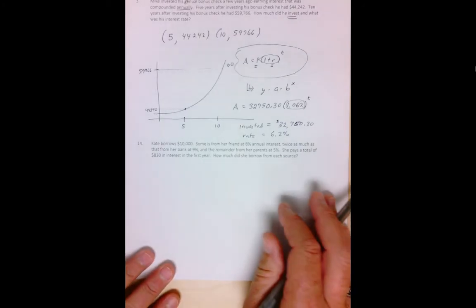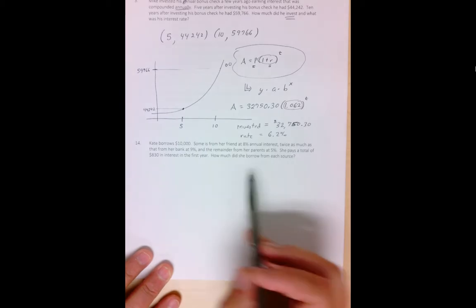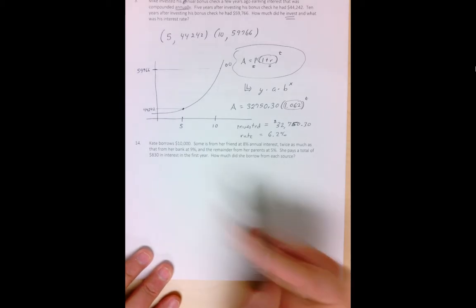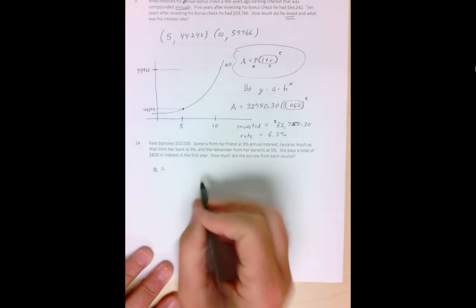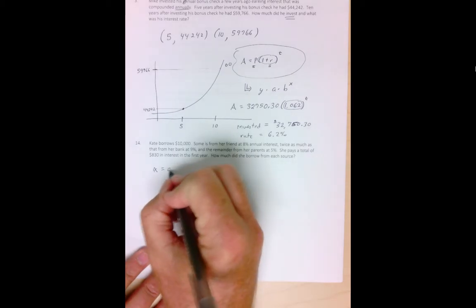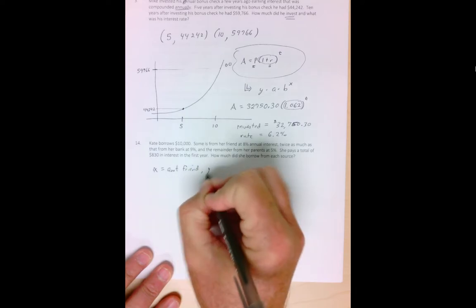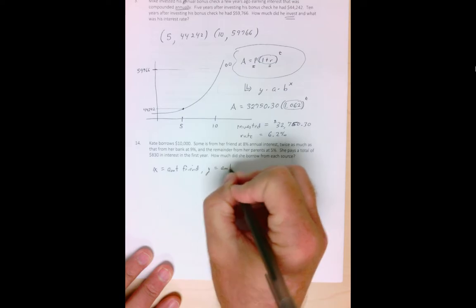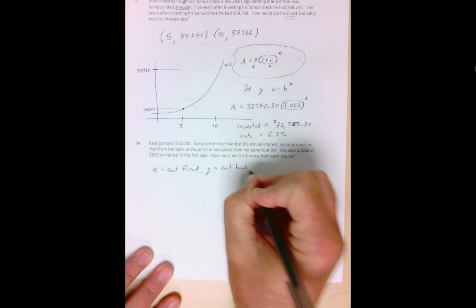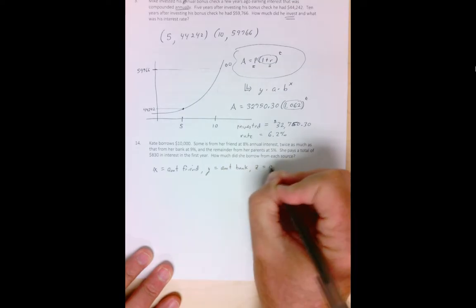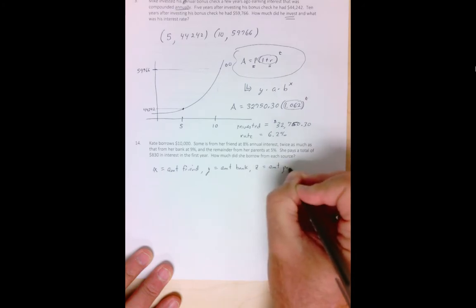Well, guys, this is a system of linear equations. So for each source, we're going to have a variable. Let X be the amount from the friend. We'll let Y be the amount from the bank. And we'll let Z be the amount from parents.